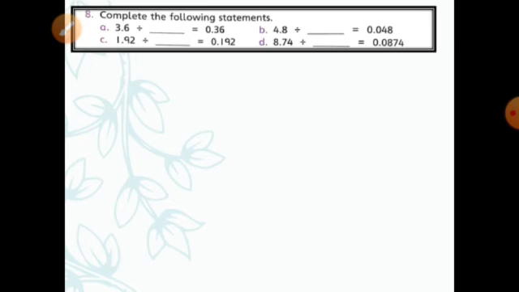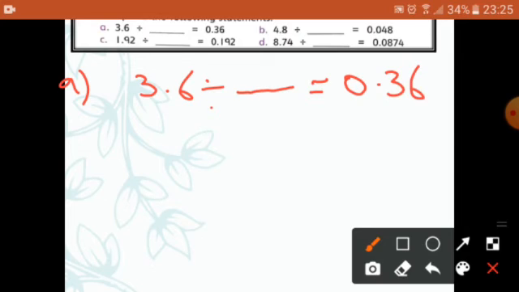Okay, now here are some statements which you need to complete to see what is the correct answer for it. As I am taking example of A part, like 3.6 divided by something and then 0.36 is the answer. So for getting this fill in the blank, we need to know how many places the decimal point moved and in which direction.